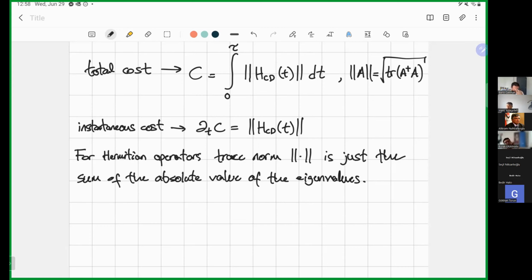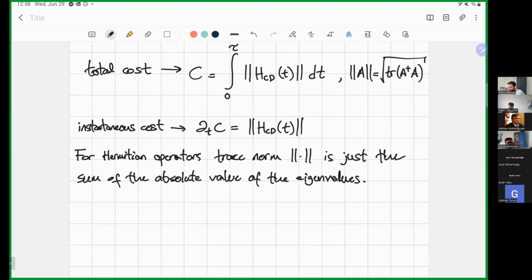So this is basically how we define the cost in general. As I said, there are other ways of doing this, but this is probably the most famous and the easiest one to calculate.